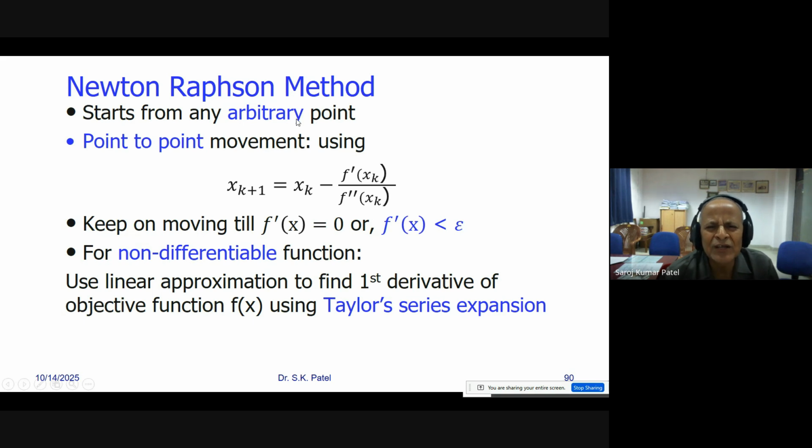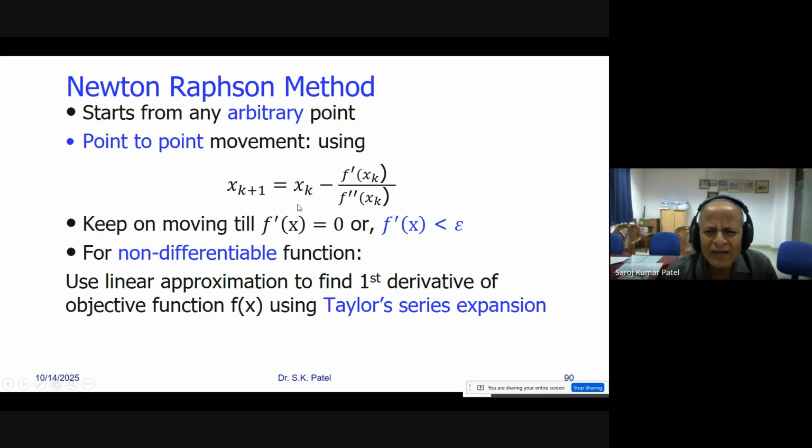So we assume a starting point, we move point to point, and here the next point, xk plus 1, will be the current point xk minus the first derivative at the current point divided by the second derivative at the current point. We keep on moving till the first derivative is 0 or less than the desired accuracy. It is so small that it can be assumed to be 0.